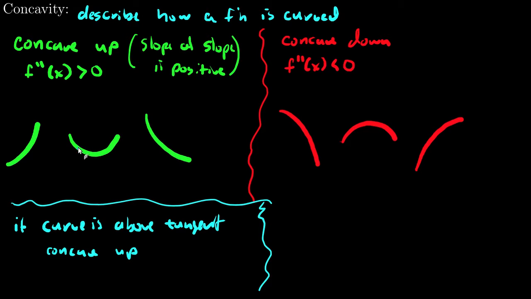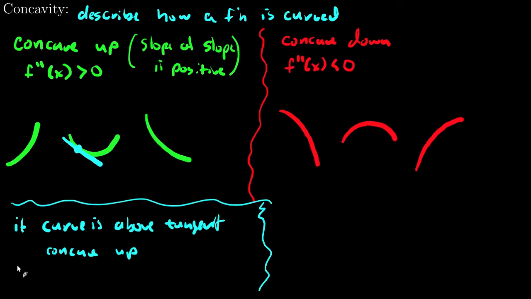If I were to draw the tangent line right here, I'll actually draw a better tangent line than that. That was a terrible tangent line. You can see the curve is always above this tangent line except at this point. And if it curves back around here, I don't care if it crosses later, but around this point I'm above the tangent, so it's concave up.